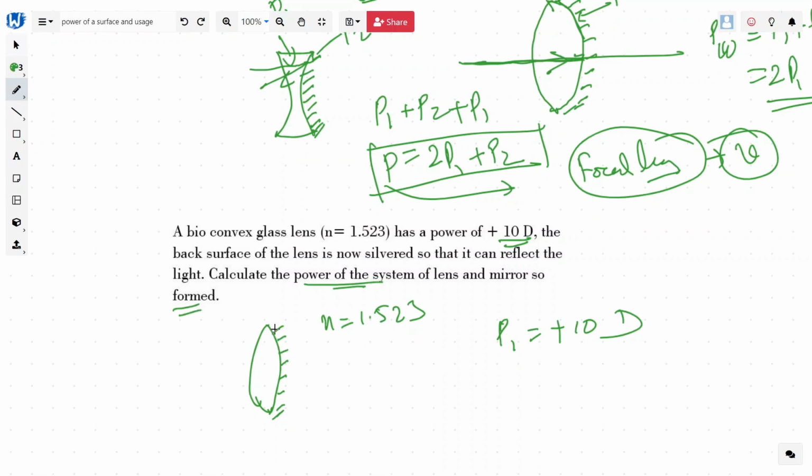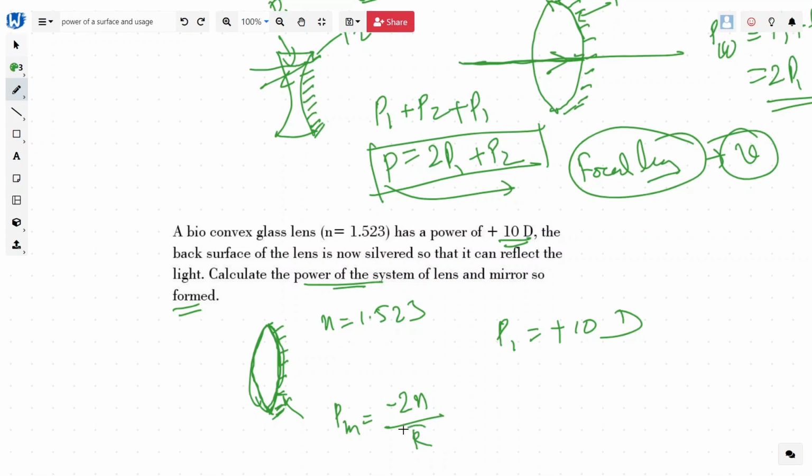Now we do not know anything about the power of the mirror, but we know the power of the lens. So is there any way to calculate this radius? If we know the radius, then we can derive the equation, because the power of this mirror is going to be minus 2n, where n is the refractive index, divided by r.